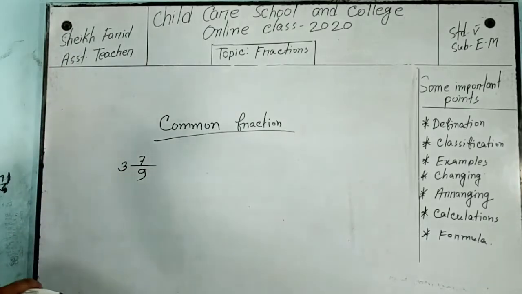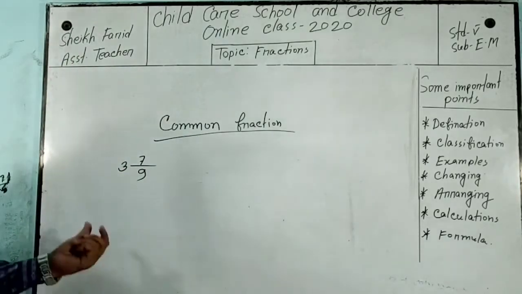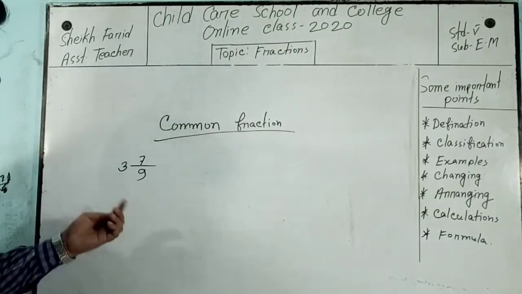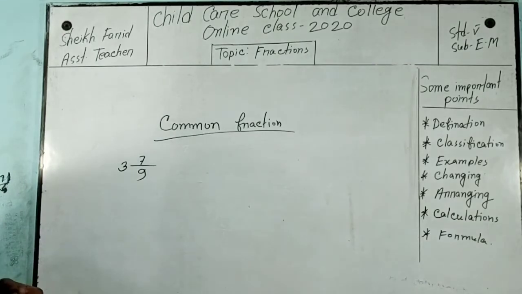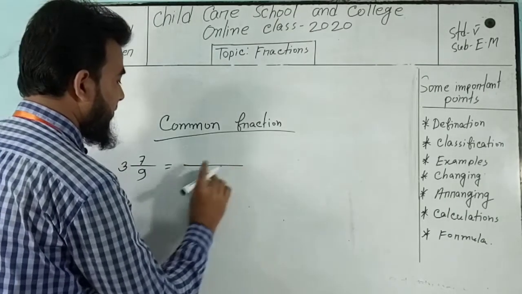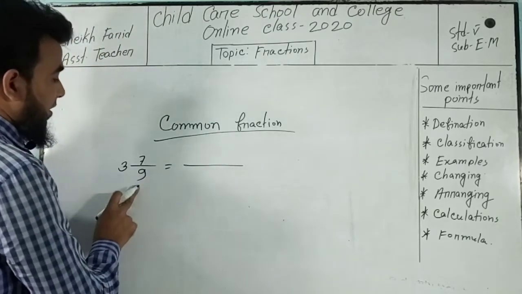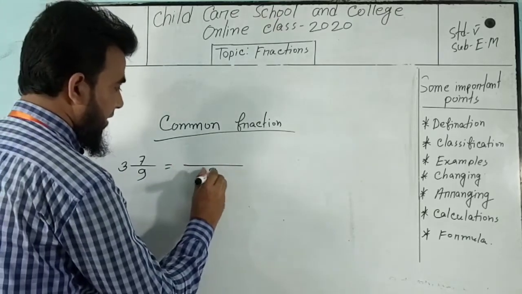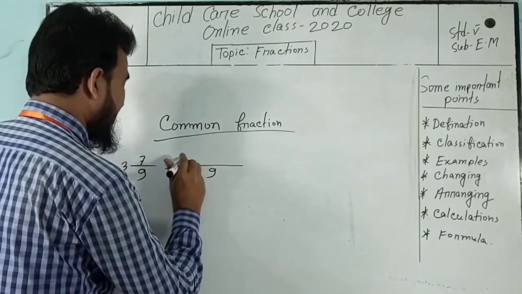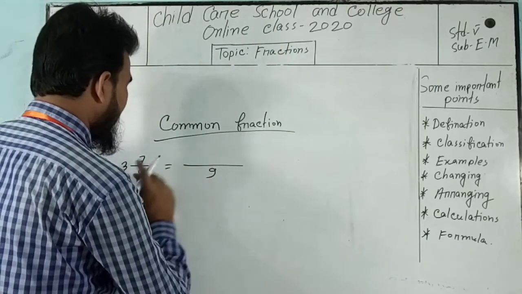You know that if you ask us to make an improper fraction from this mixed fraction, then what we have to do is keep the denominator in its own place, and for the upper part we have to multiply the integer with the denominator.